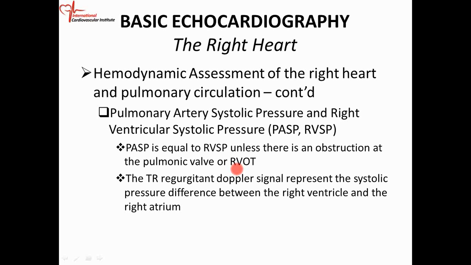So we're going to go over this when we do our Thursday webinars with Tetralogy of Fallot. We're going to look at all of this because it's important. When you see these patients come to the echo lab, you have to recognize what's going on. You have to get the necessary measurements because you can't bring them back. Okay, so you have to know what you're doing.